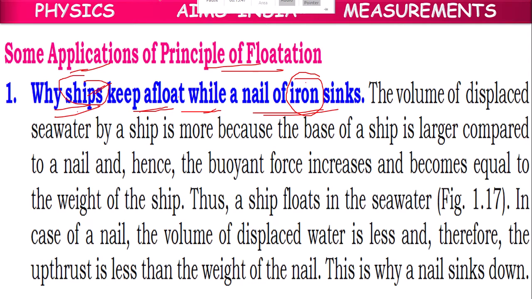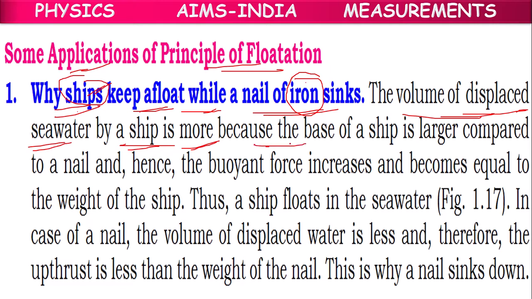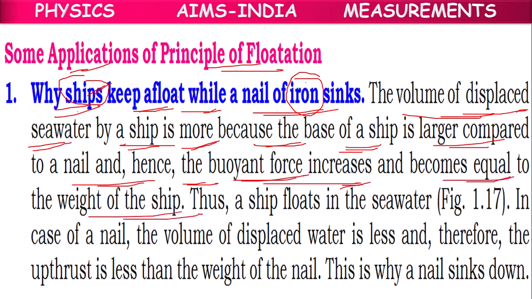What is the difference that they are asking? So here, the volume of displaced seawater by a ship is more because the base of the ship is larger compared to the nail, and hence buoyant force increases and becomes equal to the weight of the ship. Thus, a ship floats in seawater.